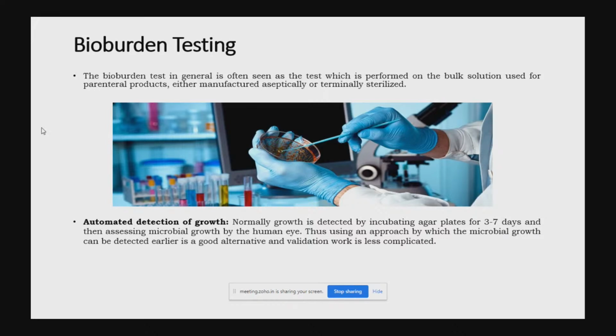Thus, using an approach by which the microbial growth can be detected earlier is a good alternative, and validation work is less complicated. So there was some fluorescence technique available. By using that technique, we can get the result within a shorter period of time by using some dyes and everything.